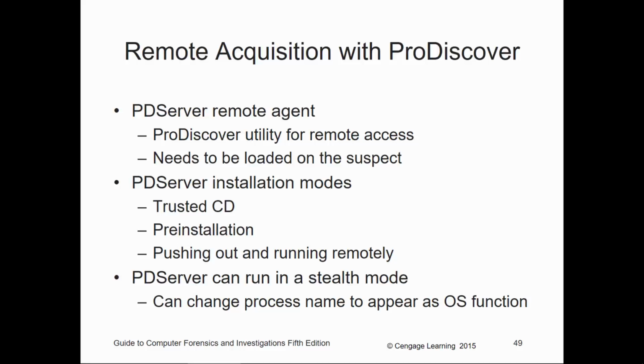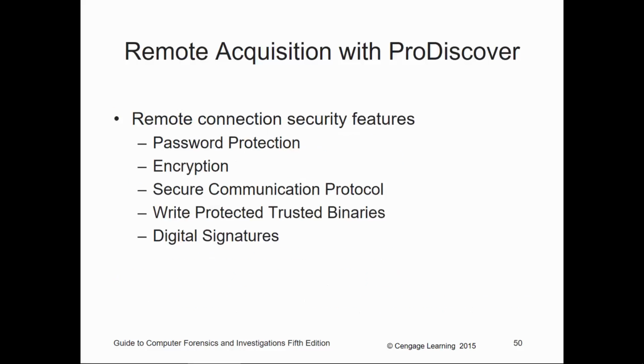We have a ProDiscover server installation mode, which is a trusted CD, a pre-installation environment, and we can run it in stealth mode. We can change the process names to appear as an OS function. But again, we have to install it, which by its nature manipulates the source disk. So that's why I have issues with that.